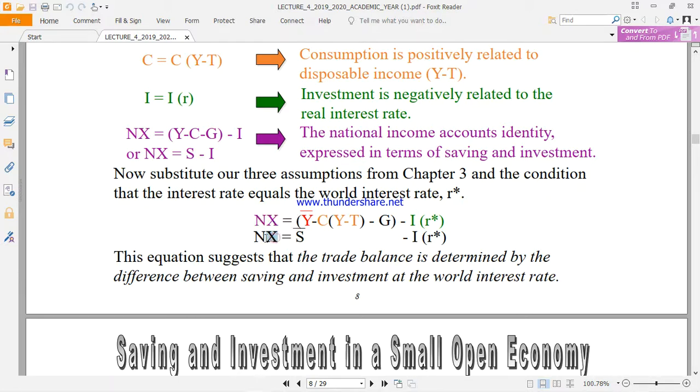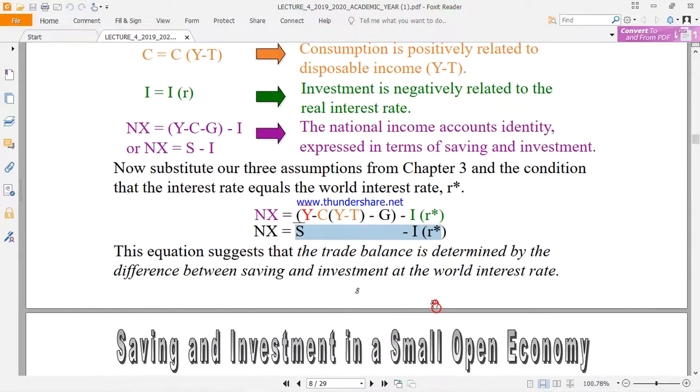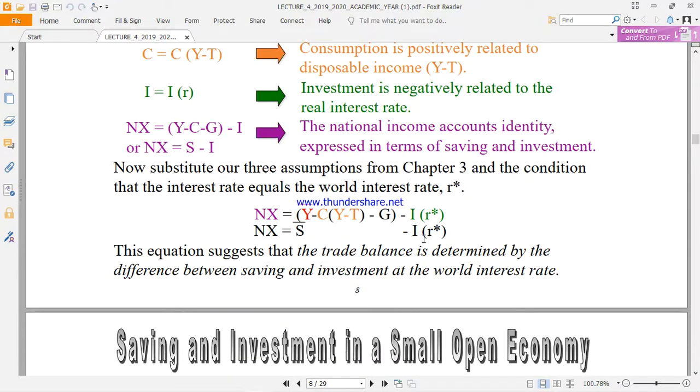Our trade balance is a linear function of the difference between savings and investment, where the level of investment depends on the world rate of interest. So that is what we are talking about here.